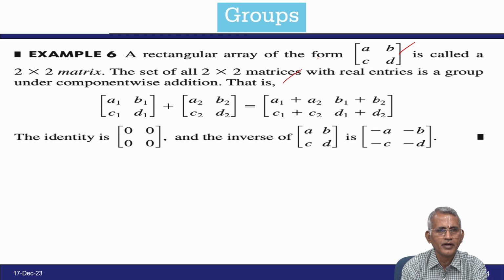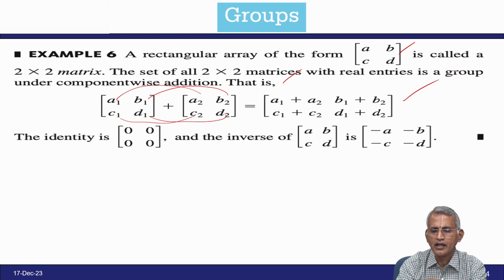Therefore, A1, B1, C1, D1 plus A2, B2, C2, D2 means the corresponding entries you have to add, so that the resultant is A1 plus A2, B1 plus B2, C1 plus C2, D1 plus D2. Because we are using the addition of matrices, the identity is the zero matrix 0 0 0 0, and the inverse of each is only the negative of that element.